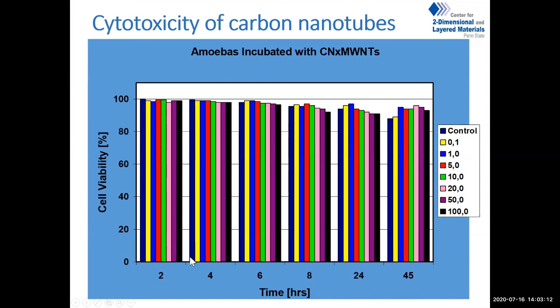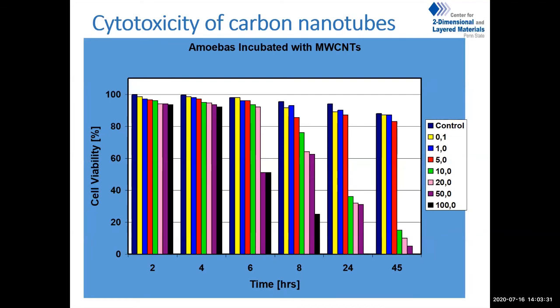We noticed that as time goes by, the cell viability was not really changing, and as we increased concentration, the cell viability still remained quite high. It even increased. This was very surprising, because this only happened with nitrogen-doped carbon nanotubes. We did this with 8 different types of carbon nanotubes.